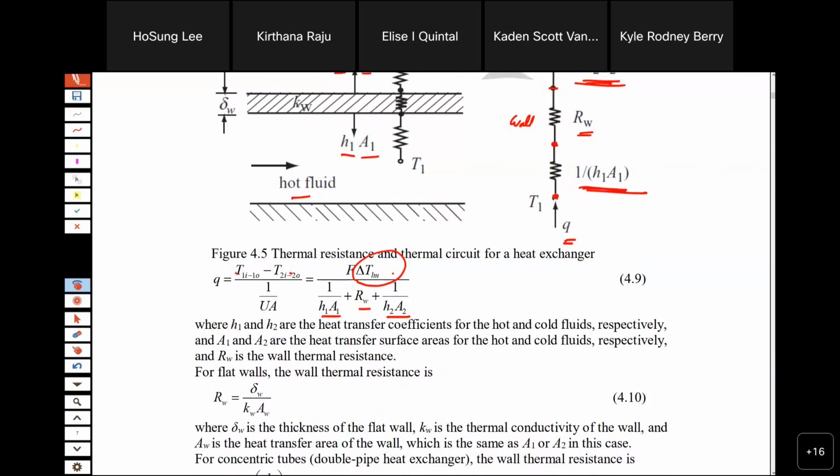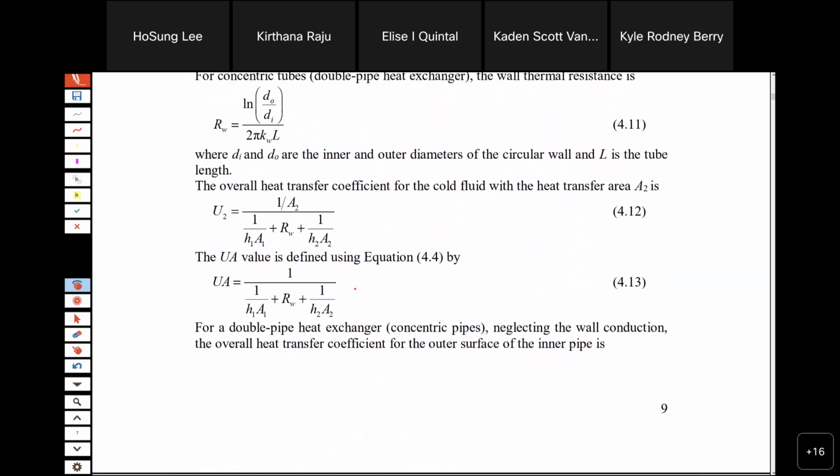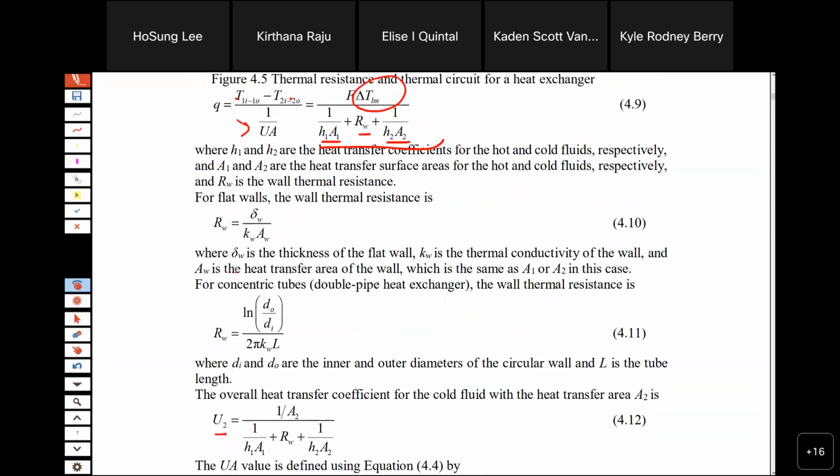So the log mean takes care of all this complication, the keep changing, but the resistance is the same. That's why we can construct UA, or UA2. I said the UA is the same.